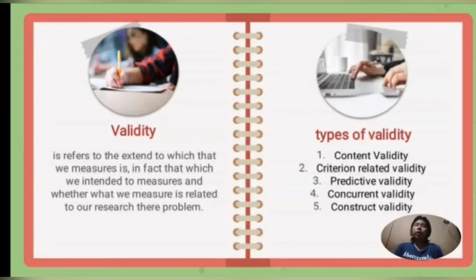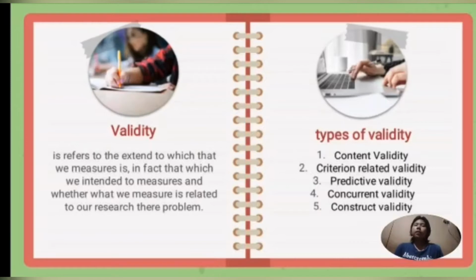The third one is predictive validity, which is concerned with whether a test or measure can accurately predict behavior. This type requires a set criterion or external indicator of what is to be predicted. The next is concurrent validity, which is concerned with the relationship between our measure and a past or present criterion.